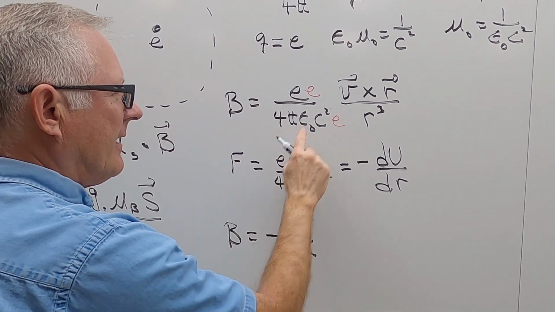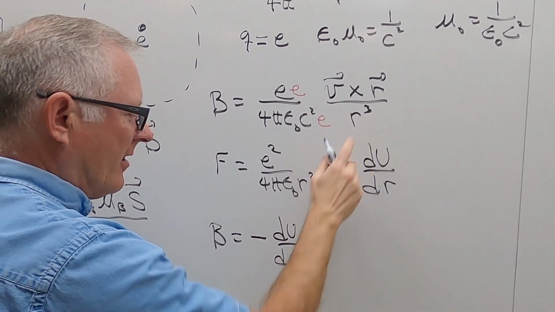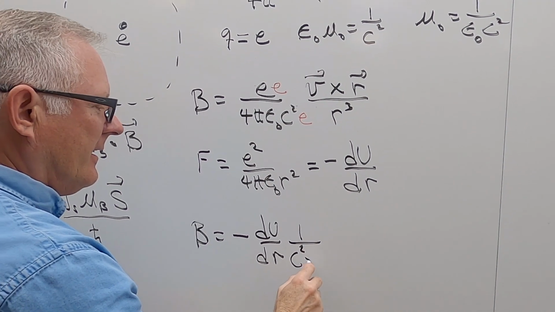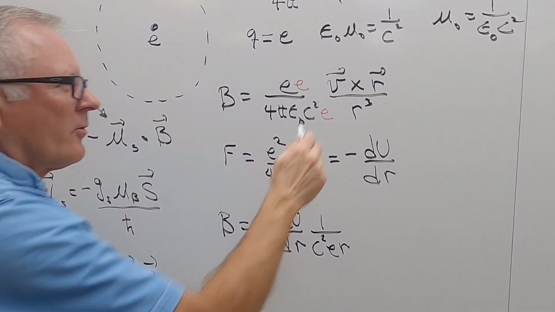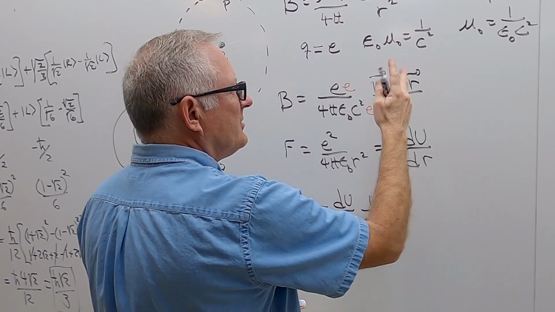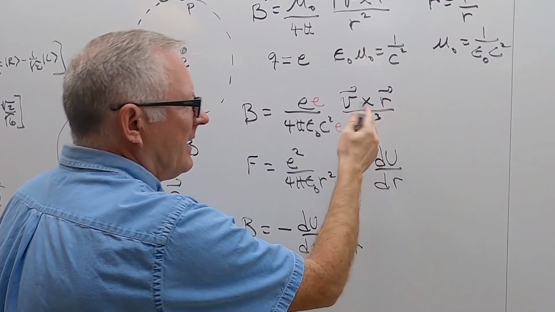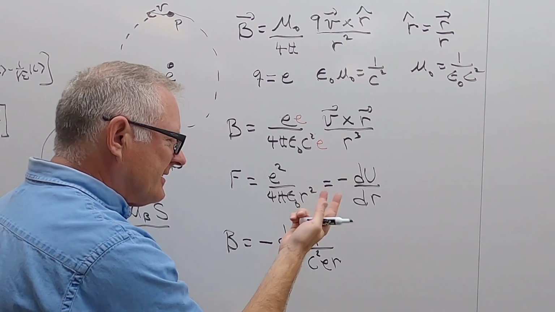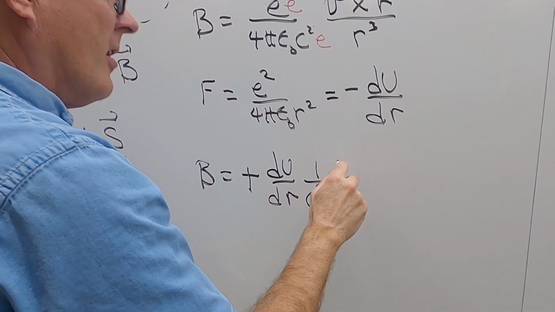We still have c squared and another E down below and another R. And we still have the cross product, V cross R. Actually, I think what I'll do is I'll switch the order. Instead of V cross R, I'll make it R cross V. If you swap the order, it changes the sign, which would make this a plus. And I'll make that R cross V.